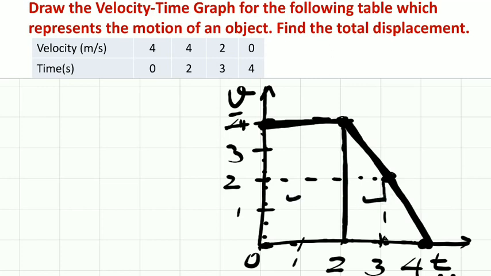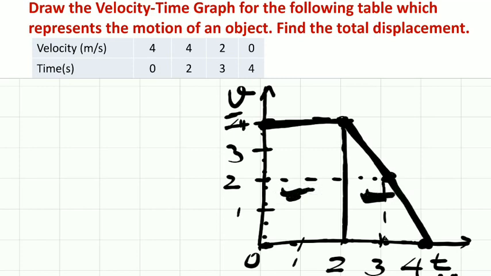Alright, so to calculate the displacement, we need to find out the area of these two surfaces, the area of the rectangle plus the area of triangle. So in case of velocity time graph, if we need to calculate the displacement, then we need to find out the area under the graph.